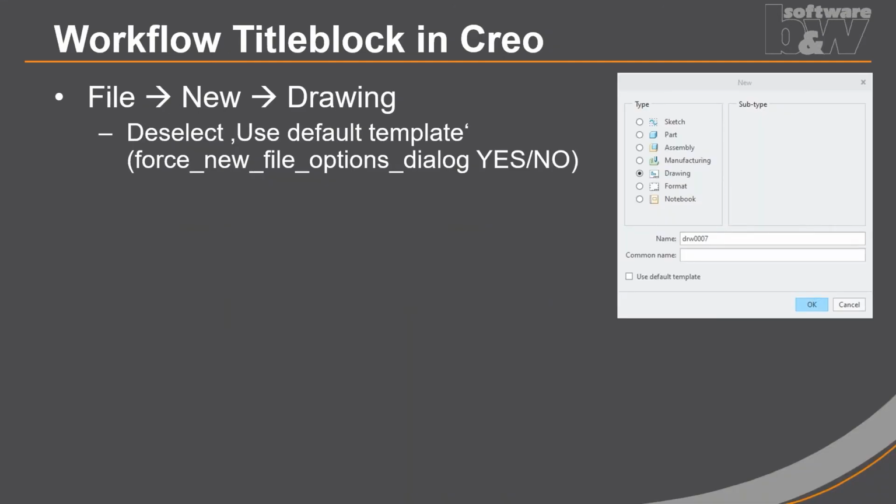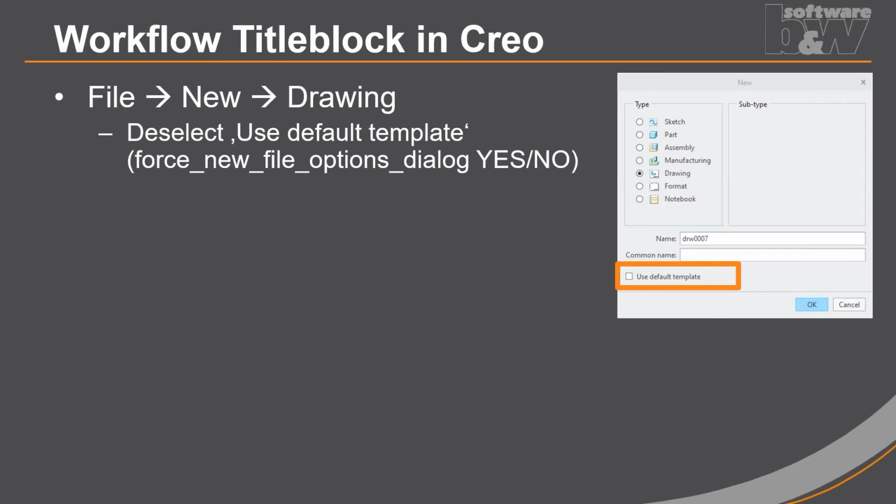Well, if a user wants to create a new drawing, very simple: File, New, Drawing, which opens up this dialog. You can enter the name of the drawing, and you have to deselect this little checkbox if you want to have a selection of templates available. Otherwise, Creo will choose the default template for you.